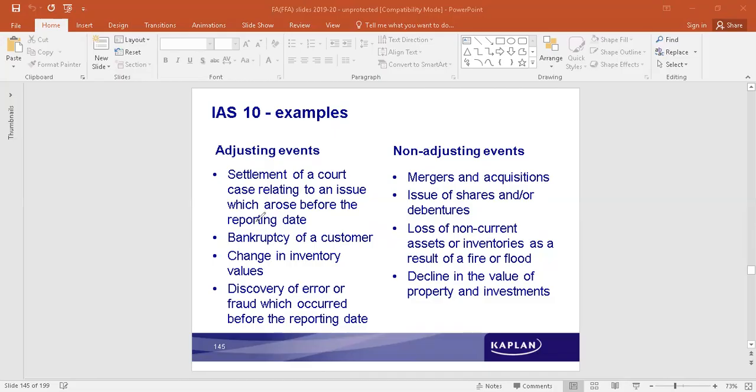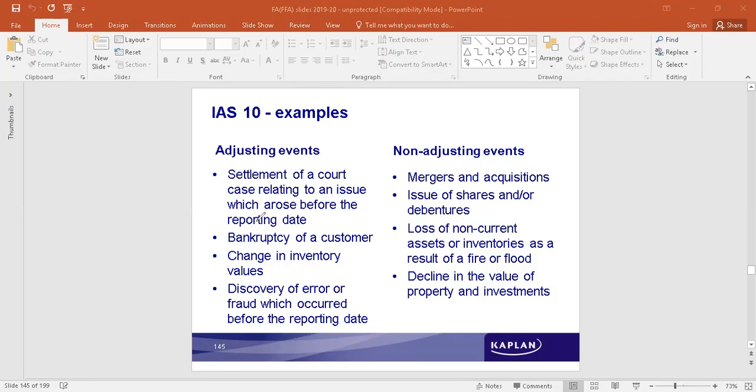It did not happen before March 31st, the closing date, but because it is part of that financial year, it is included as an adjusting event. If a customer has become bankrupt, the loss will be included; that is, the receivables will be adjusted to that extent.